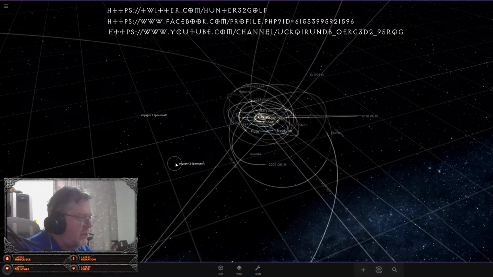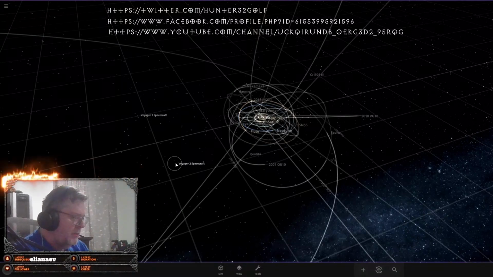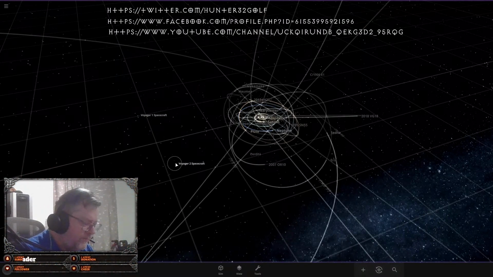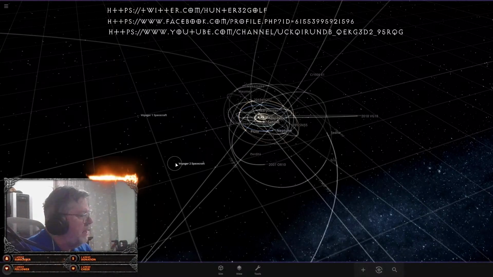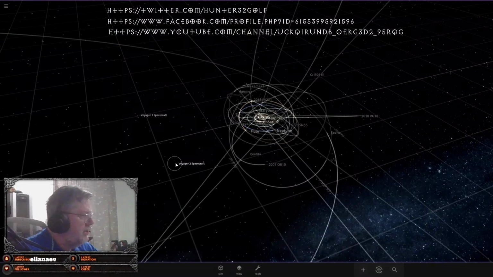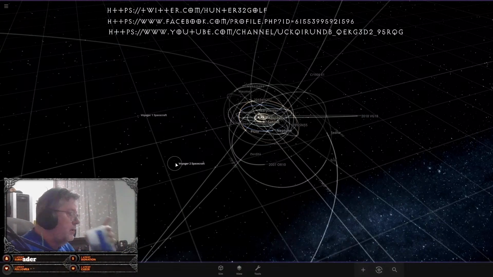Voyager 1 is 162 astronomical units away from the sun, and Voyager 2 is 136 astronomical units. These are the 2 furthest man-made objects in the history of mankind.